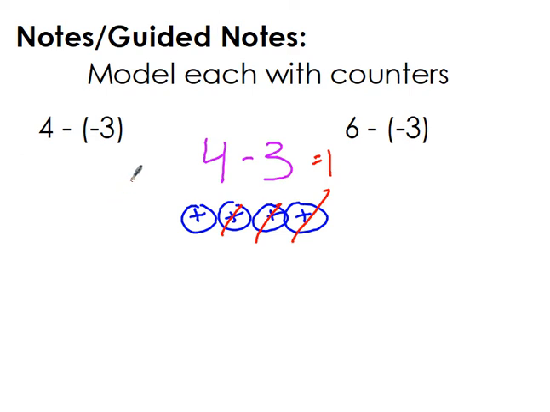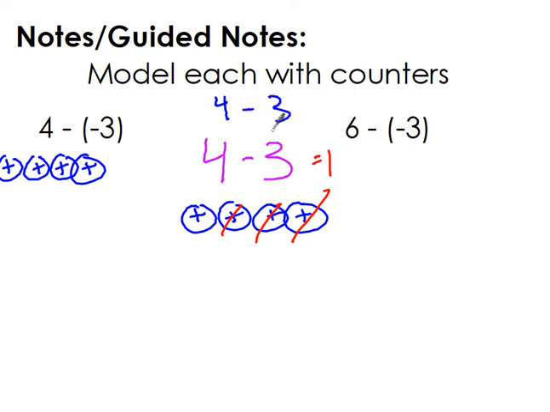So we're going to model it and do it the same exact way. The problem is that if I start with 4 over here, 1, 2, 3, 4, it's asking me to take away 3 negatives instead of 3 positives. Before, I was subtracting 3 positives, because this is just positive 4 minus positive 3.